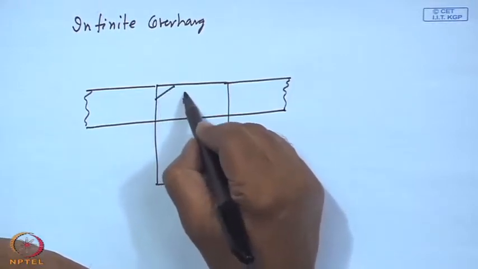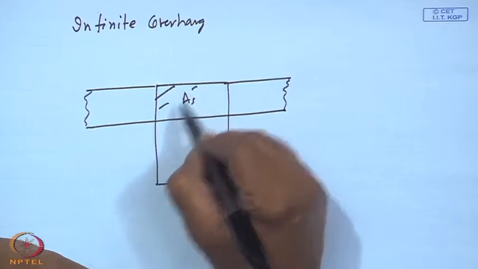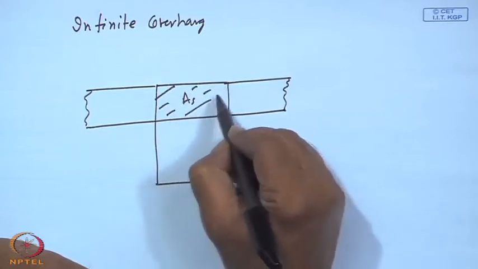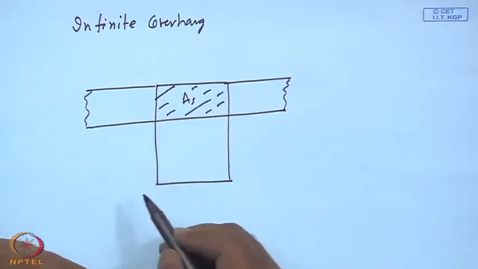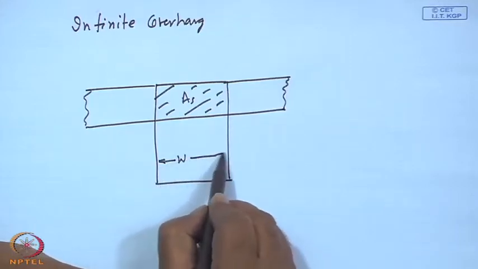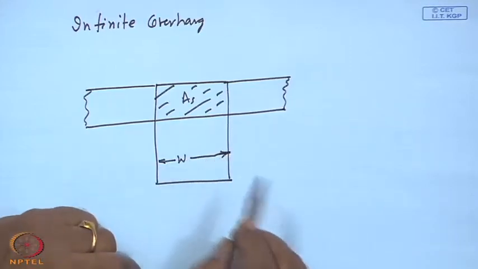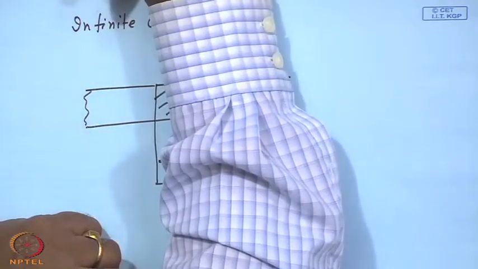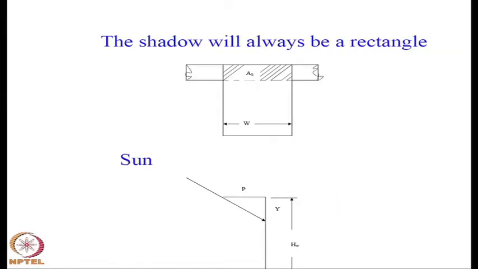The shaded area A s is always a rectangle. So, this gives us some respite. So, this, I think there is something wrong with the screen.